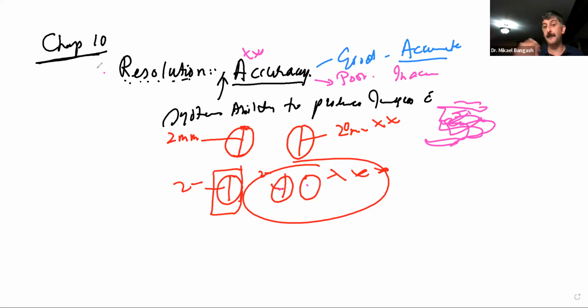You can have the crappiest quality picture but still have a good resolution, because you scanned a round structure that measured, let's say, 2 millimeters, and it shows up at 2 millimeters. That is still accurate, although the picture quality is not the best. So please, girls, resolution does not mean quality.